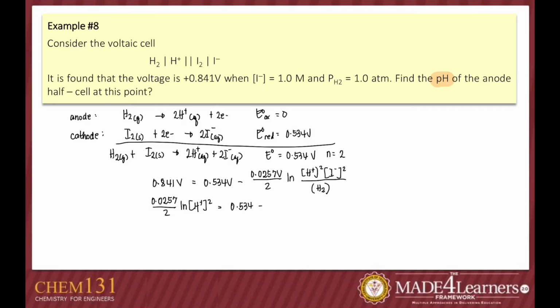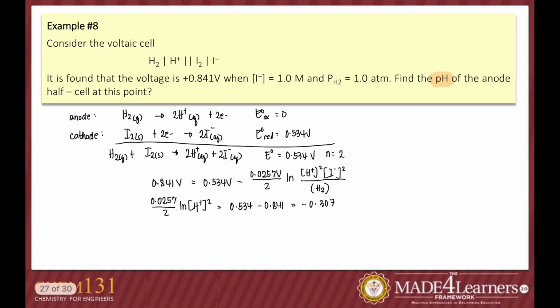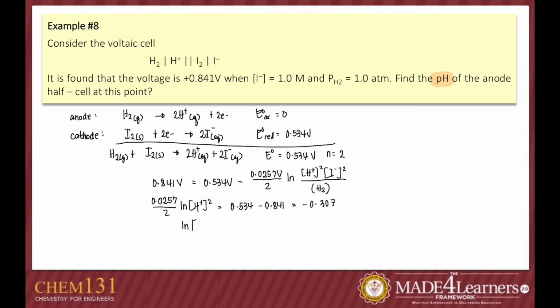0.534 minus 0.841. So 0.534 minus 0.841 is negative, which is equal to negative 0.307. And then we cross multiply to get ln H plus quantity squared. So kani si 0.307 i-times 2 na to, i-divide of 0.0257.